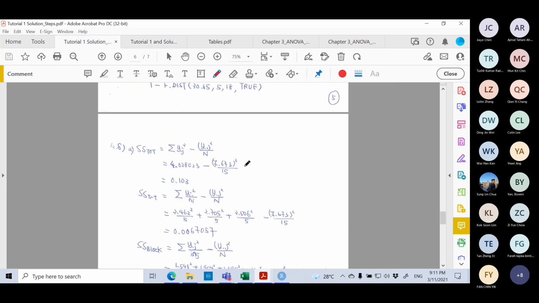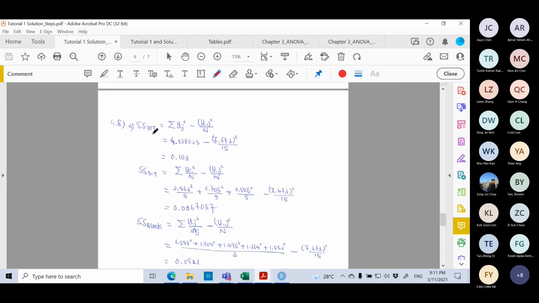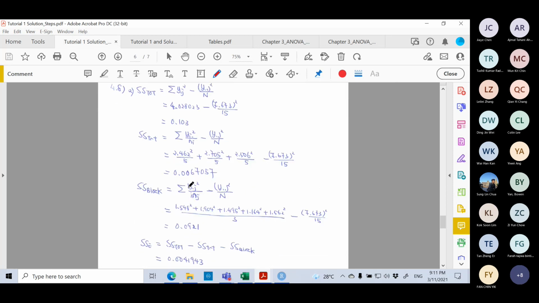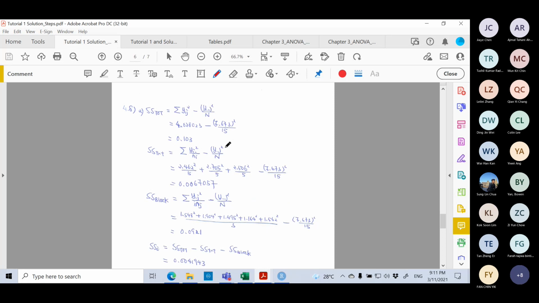I have also shown you the calculation of the sum of squares for total, treatment and block here. The important thing is you know that this model will be equal to, okay, you have a treatment, you have a blocking.